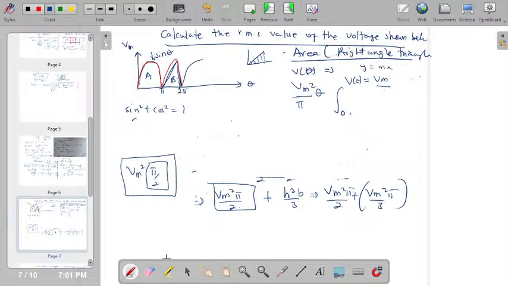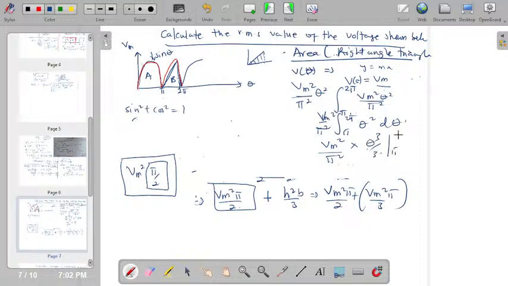Okay, so we say that from pi to 2 pi, our function is now vm squared theta over pi. Here pi is simply a constant, it comes out. So area under the square cycle becomes vm squared over pi squared times theta cube on 3, right?